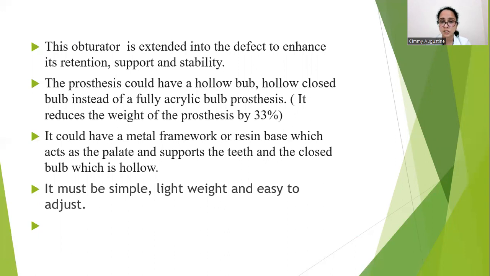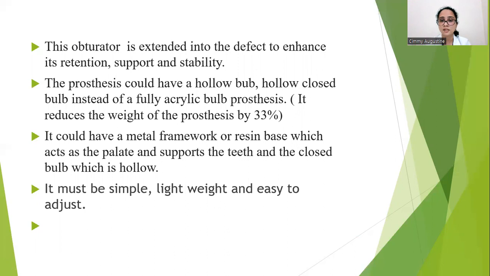As it is extending into a defect, it may have a hollow bulb, which has a closed portion instead of a solid acrylic prosthesis. If we give a solid acrylic prosthesis, the weight of the prosthesis will be too much. The area is already affected, so it will not be able to hold that much weight. In order to reduce the weight, we give a hollow bulb prosthesis.